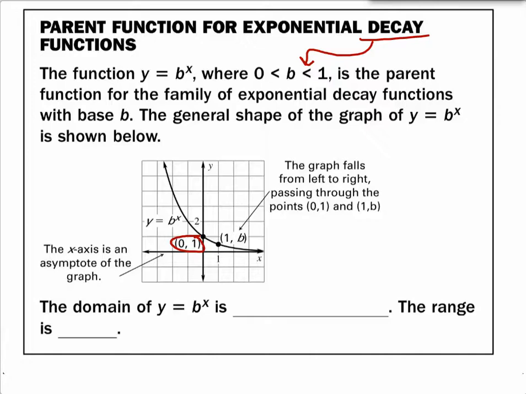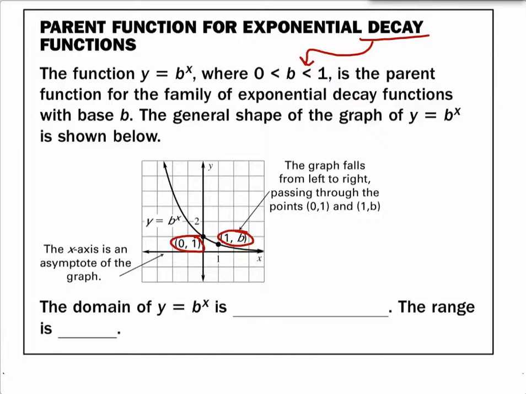That was true for exponential growth functions, and it's also true for exponential decay functions. In fact, it's true for all exponential functions. The second point that's always the same is (1, b), which is also true for every exponential function, whether growth or decay.